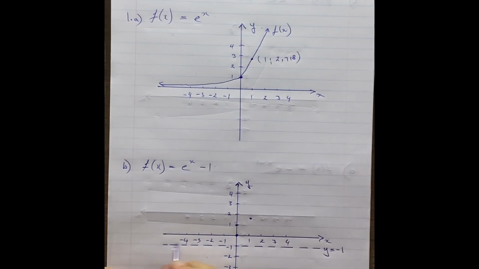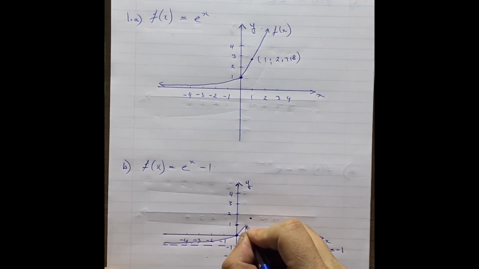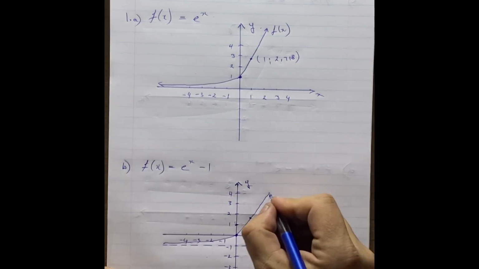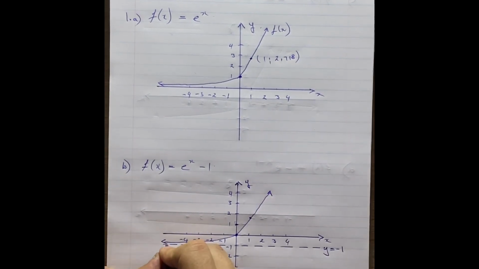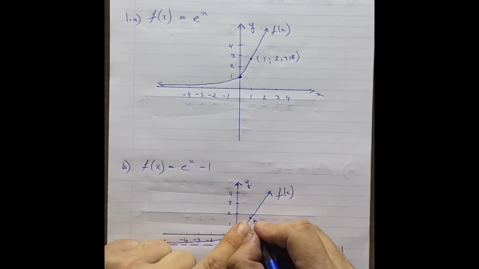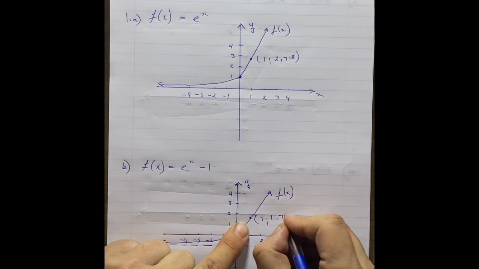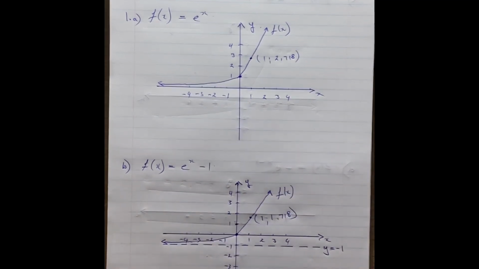So it'll come very close to our asymptote. It'll go through our y-intercept, through our characteristic point, and then up. Remember, label your graph, f of x. Then also label your characteristic point here, which is 1.718.